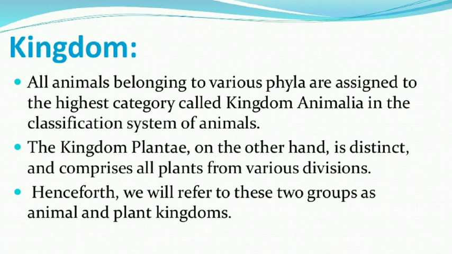So Kingdom Animalia includes all phyla of animals, and Kingdom Plantae includes all the divisions of plants, like angiosperms, gymnosperms, pteridophytes, bryophytes and algae.